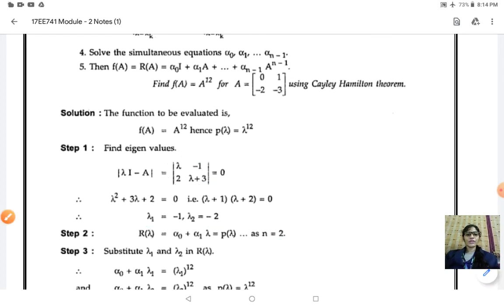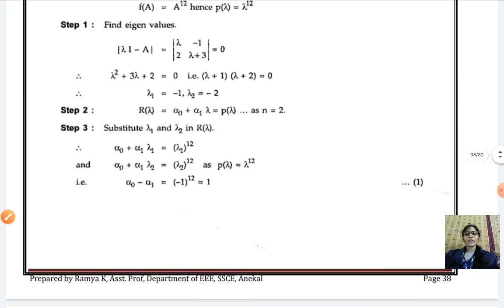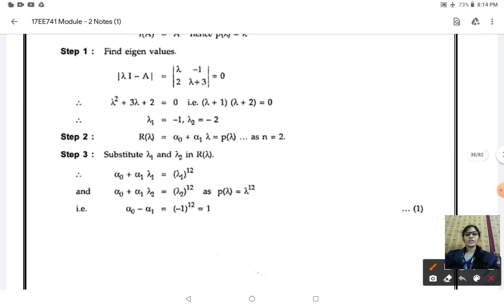So individually you need to identify the remainder polynomial equation. For the first one, when you substitute lambda 1 is equal to minus 1 in this equation, you will get alpha naught. So this equation is obtained at lambda 1 is equal to minus 1.